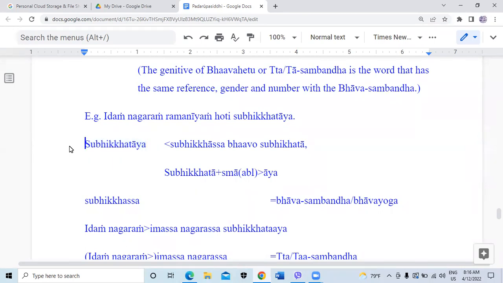Okay, like this. So this taya, Subhikataya, this ta, then this word we call ta sampan. This ta also needs a relevant genitive sambandha. In this case, nakara.